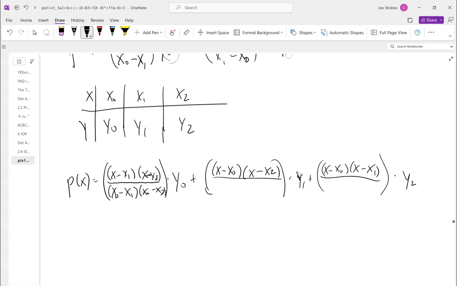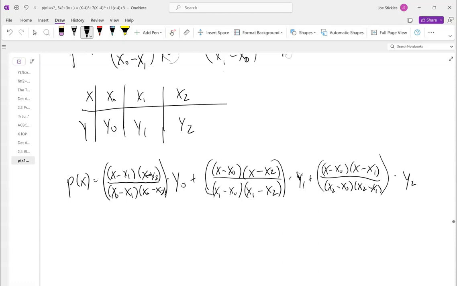For the next one, we want this to be a 1 when we plug in x1. What does your denominator need to be? Good. Finally, the last one. x2 minus x naught, x2 minus x1. Good. Fantastic. Good. Do you think you could extend this to higher degree terms?